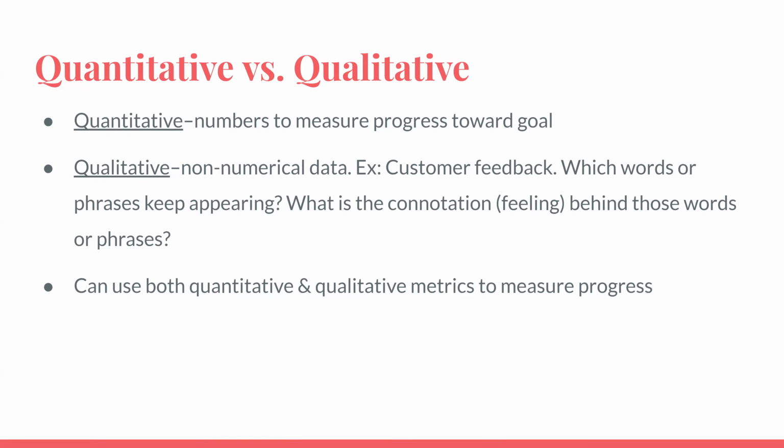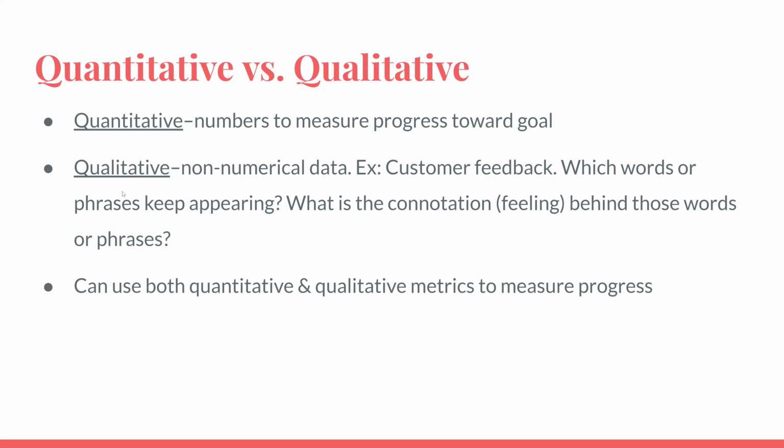So, what are the most common phrases that keep appearing? And then, after you figure out what those phrases are, you want to figure out the feeling behind those words. So, the connotation. Remember, we talked about denotation and connotation. What is the feeling behind the words or phrases being used?